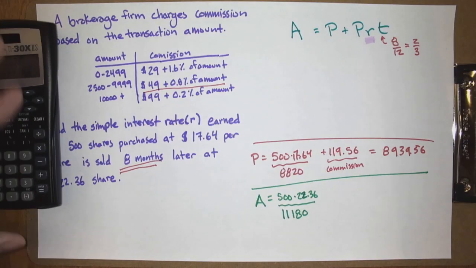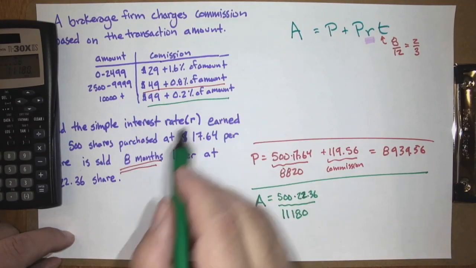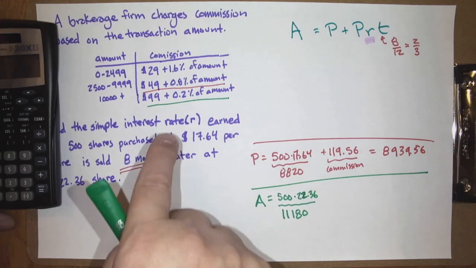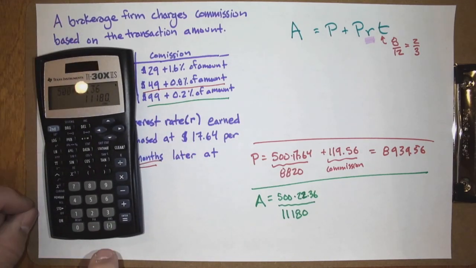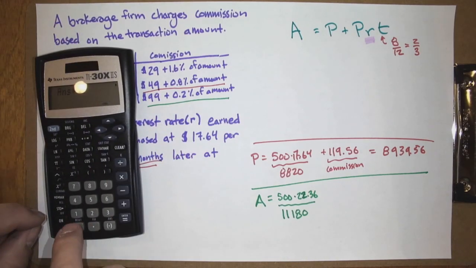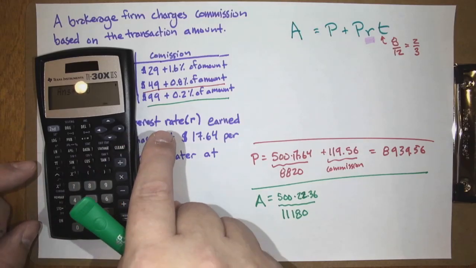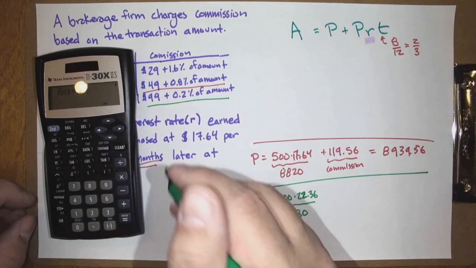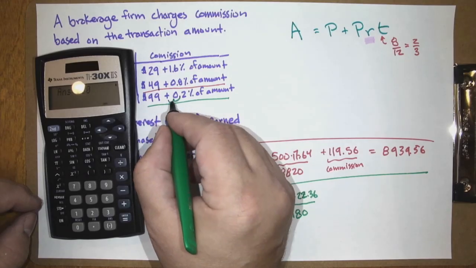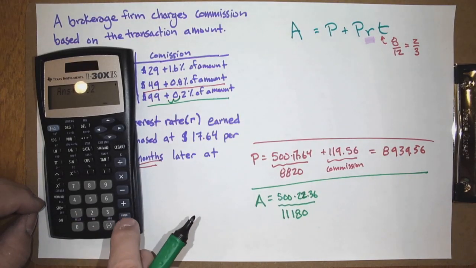Okay. Now, are we in the low, medium, or high range? High. We've moved up in the world. We're going to have the fancy ramen. Okay. So, now we have to pay 0.2% of the amount, so we're going to multiply this by 0.002.